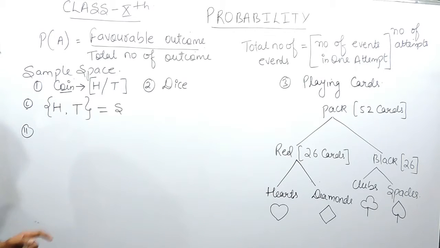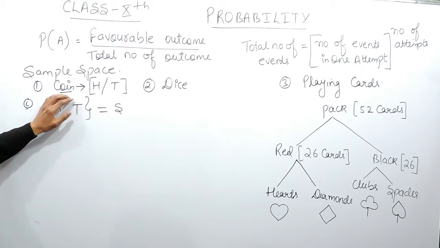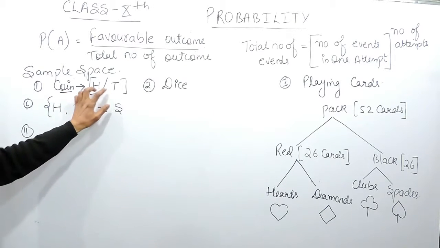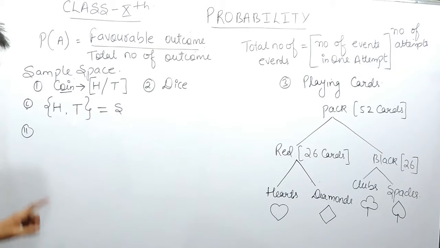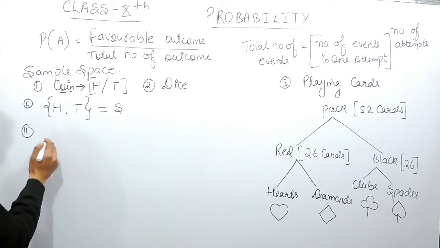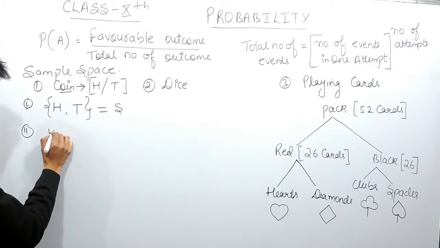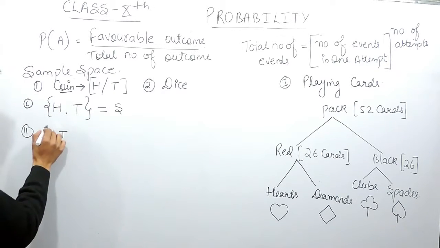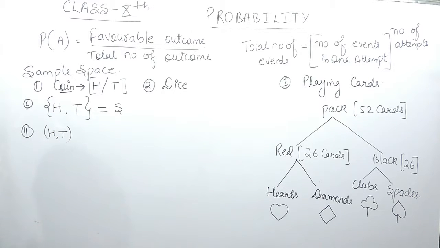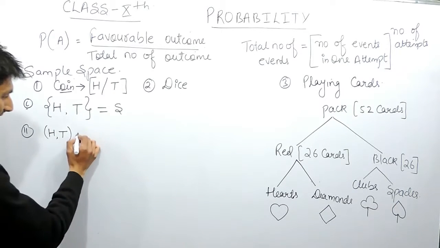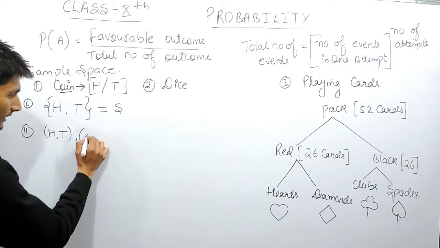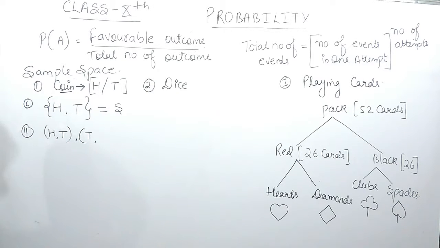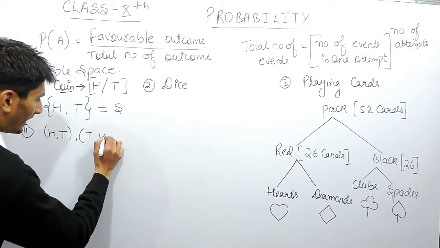In a coin there are only two faces, head and tail, but because I am tossing two coins simultaneously, in the first coin head might come and in the second, tail might come. So this is the first outcome.